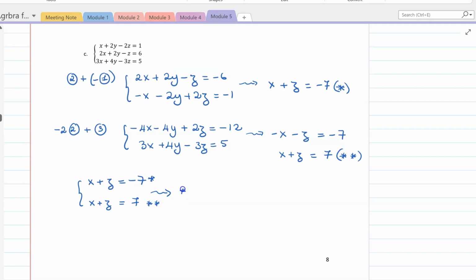Then I get 0 equals negative 14. So this is a false statement. This means the system of equations has no solution.